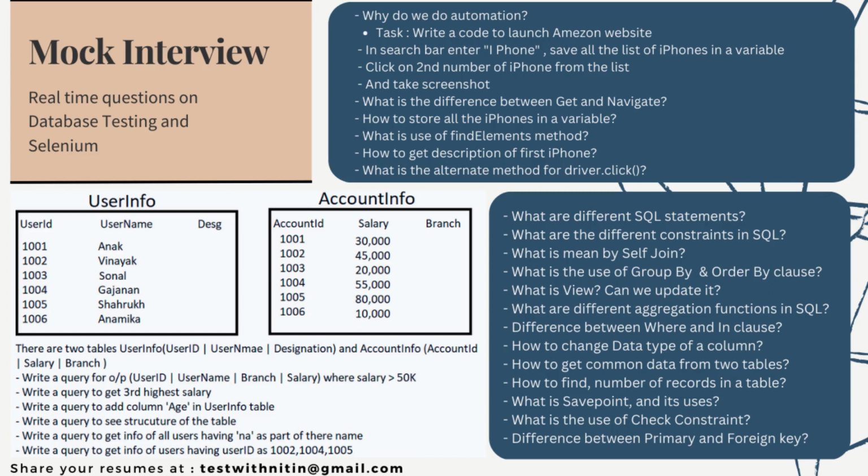Okay. Some suggestions for you: while explaining your framework, you should explain each and every file. Like you are having POM classes or base classes. In one class you will have all the web elements. In another class you will have all the methods which perform some action on those web elements. We are having test classes which extend our base classes and execute the test cases.